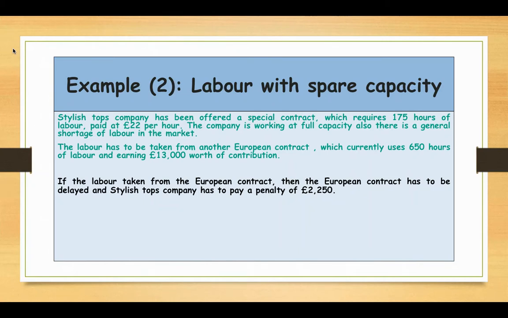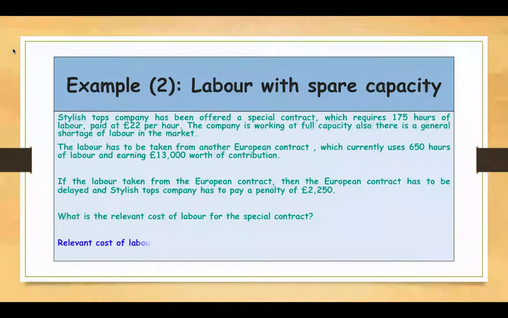So if they pinch the labor from the European contract, they wouldn't be able to finish it on time. So they have to pay a penalty of £2,250. So what is the relevant cost of labor for the special contract?